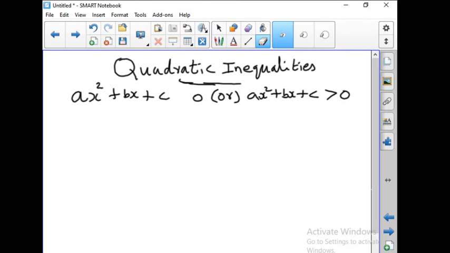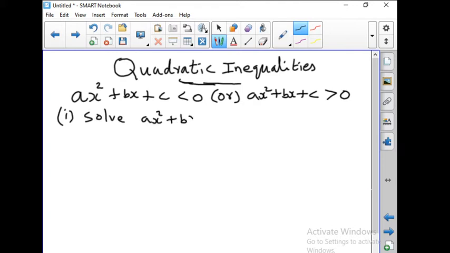Now we are going to see the steps to solve quadratic inequalities. First one, solve ax square plus bx plus c equal to 0. These are the steps to be followed to solve a quadratic inequality.